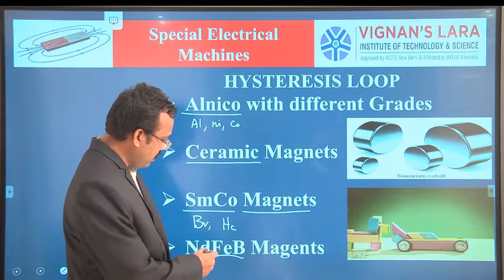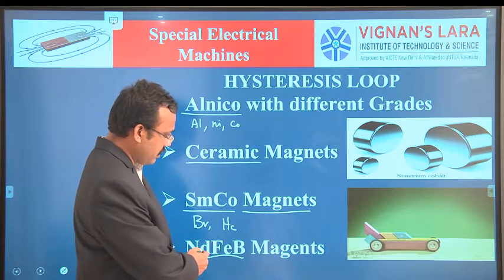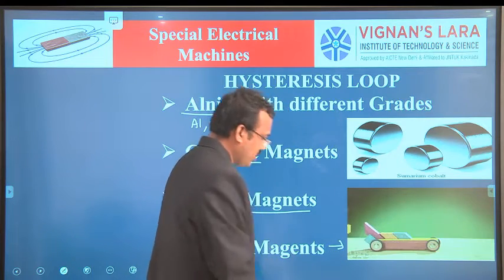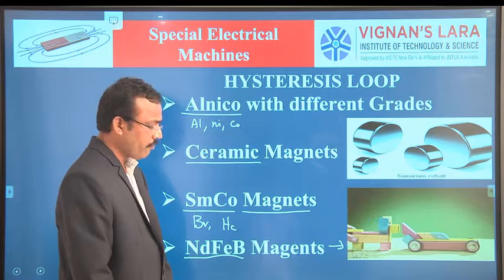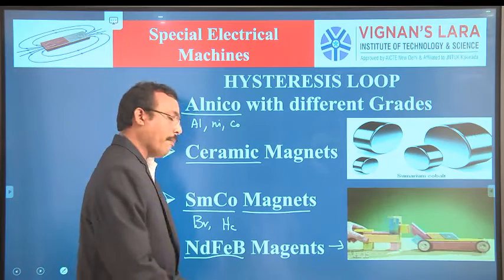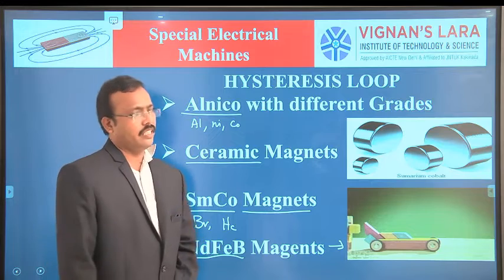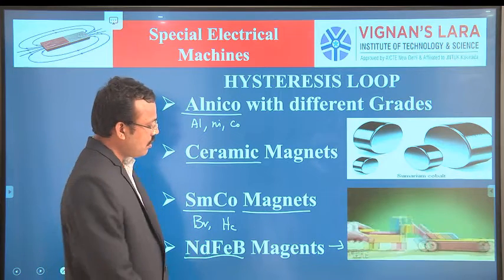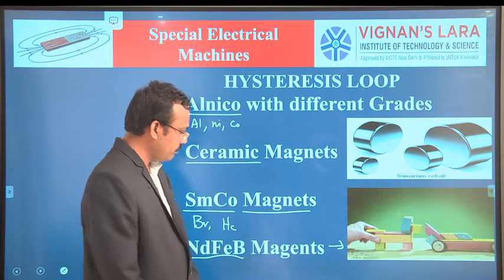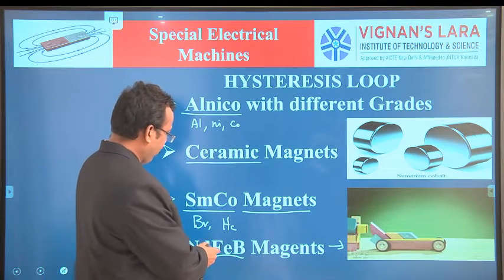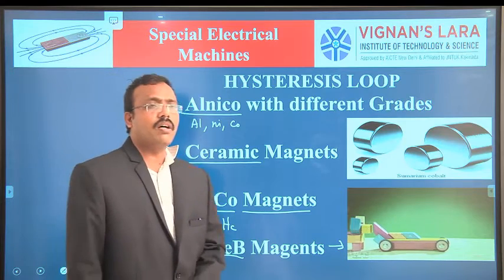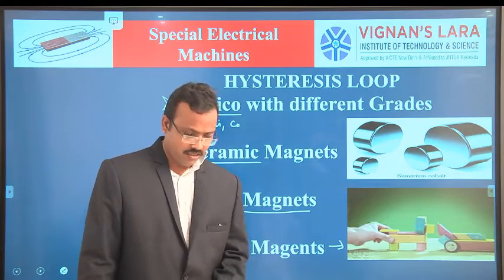The main applications of this magnet are toys, and it is also suitable for magnetic motors and generators. Among all these magnetic materials, NdFeB and SmCo magnets are mostly suitable for magnetic generators and motors.